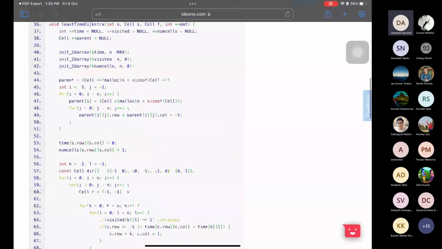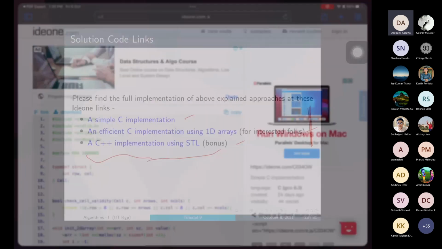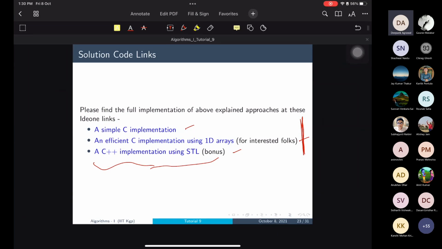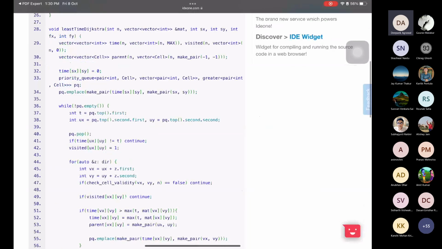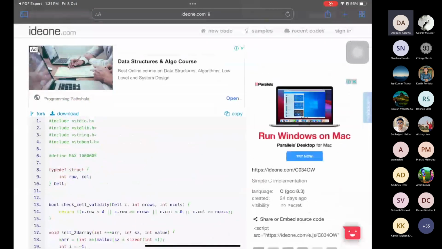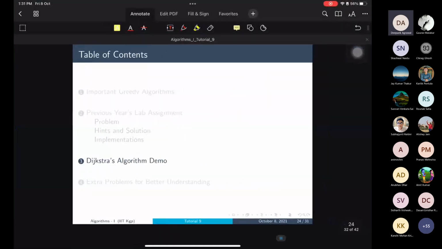There are two test cases, one that is in the presentation and one in the links.